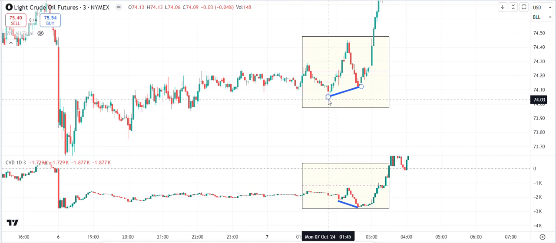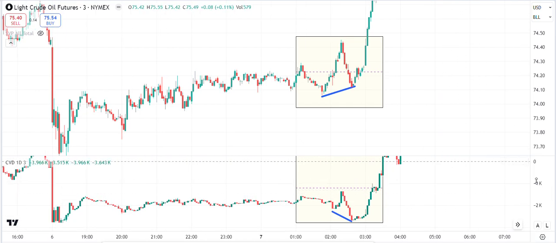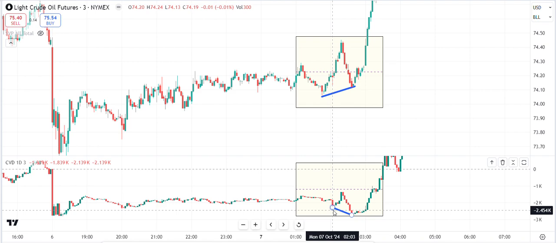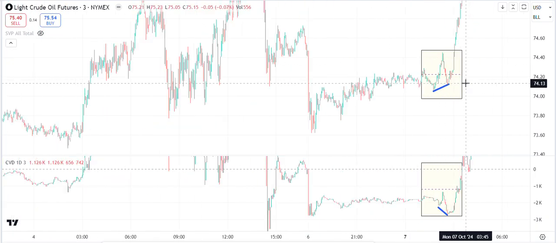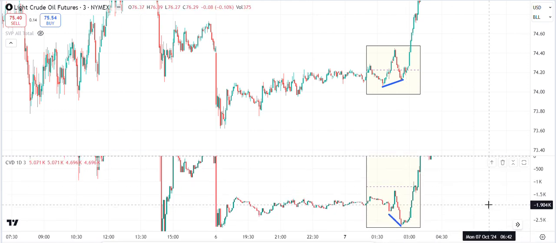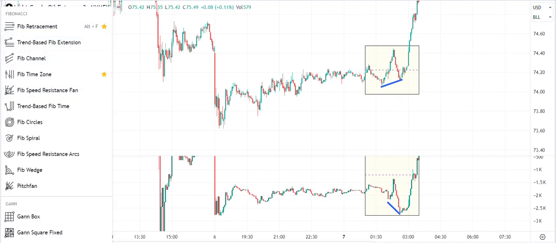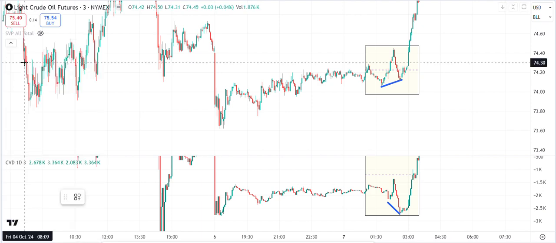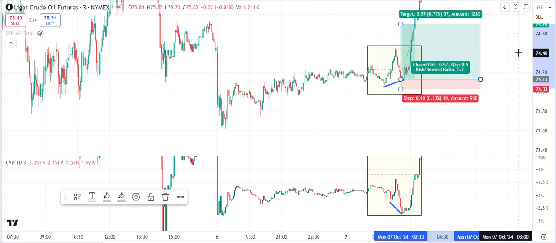You see on the price chart it's giving higher lows, but on the cumulative volume delta, it's giving lower lows. So that's an indication to buy, and you can see, boom, you could buy there.